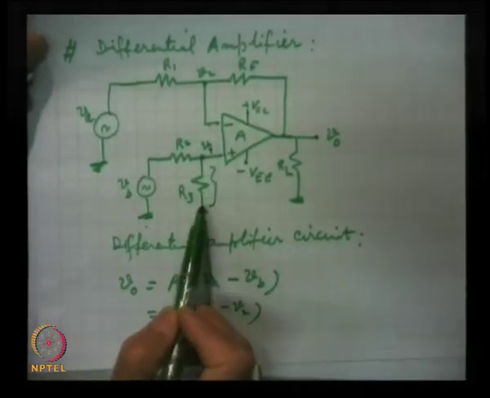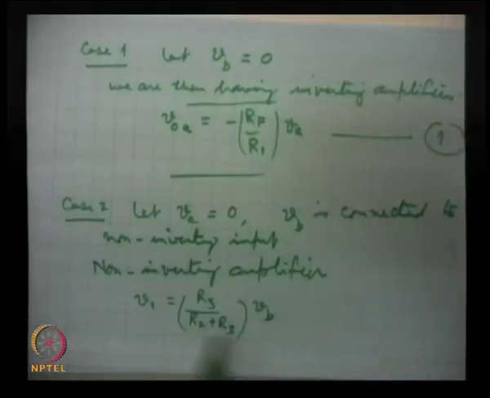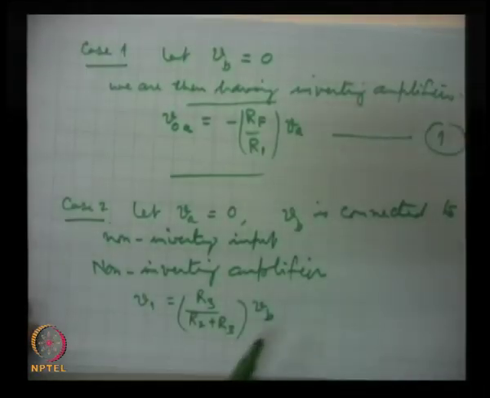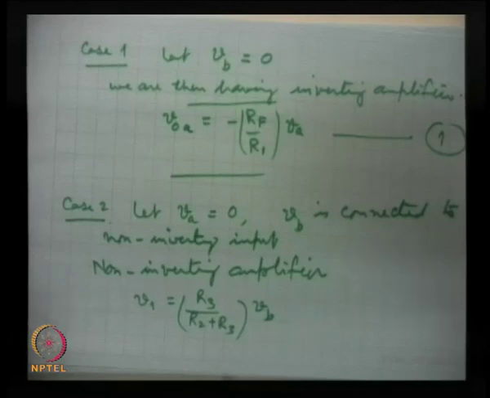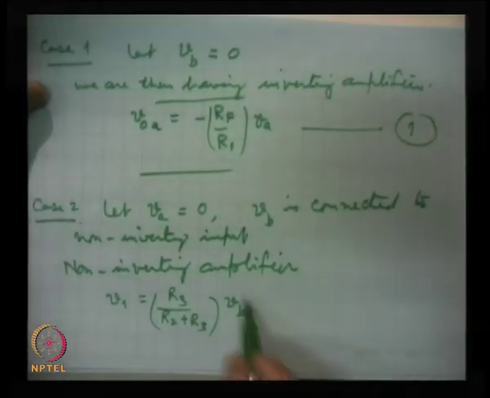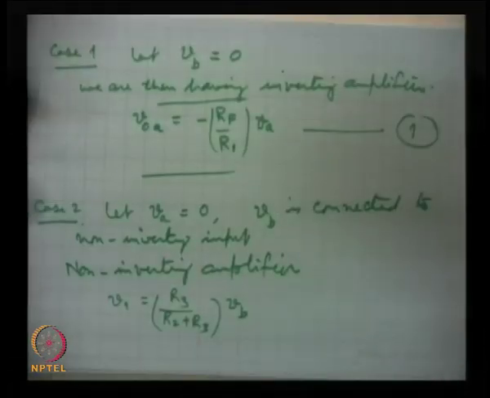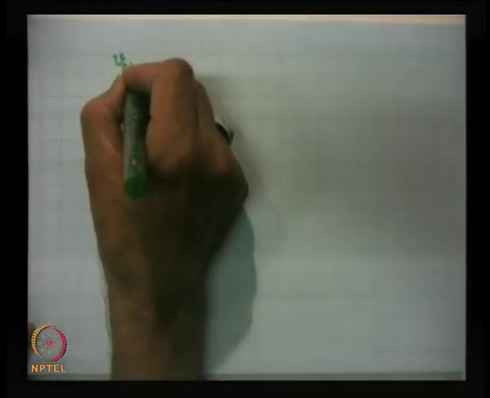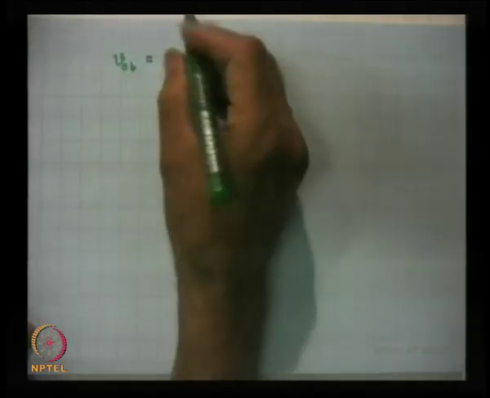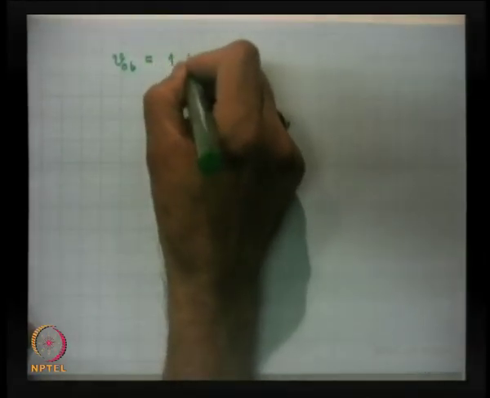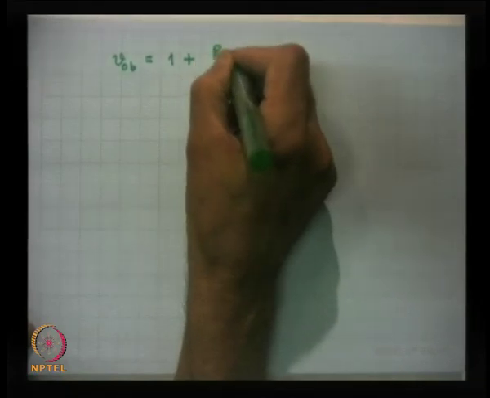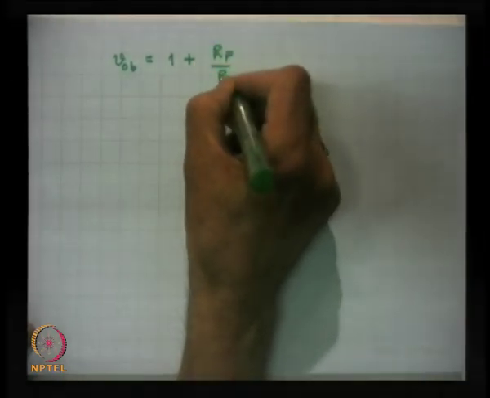So what is the voltage which will be available at R3 is this, and the output due to VB, because of this input signal, the output then will be VOB. This is equal to 1 plus RF by R1.